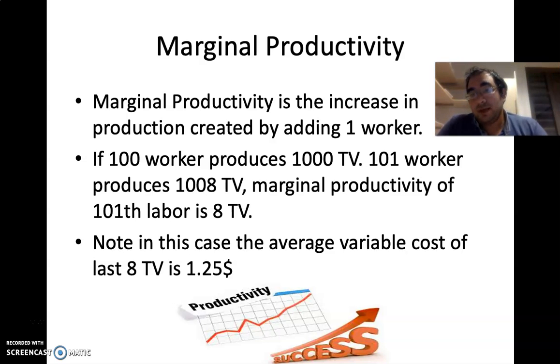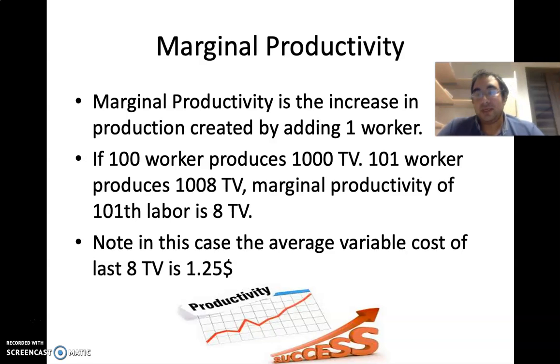Now we have the second concept we define in the marginal sense, which is marginal productivity. The definition is similar to marginal utility; if you review that concept, you'll see the parallels.